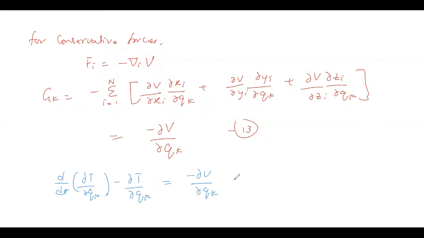So we will bring this to the other side. This will become d/dt of delta T by delta Qk dot, because of the negative sign, minus delta by delta Qk of T minus V. Please remember, this is my Qk and this is my Qk, so only this term will be modified. So I will have delta T minus V by delta Qk, and this whole term will be 0.